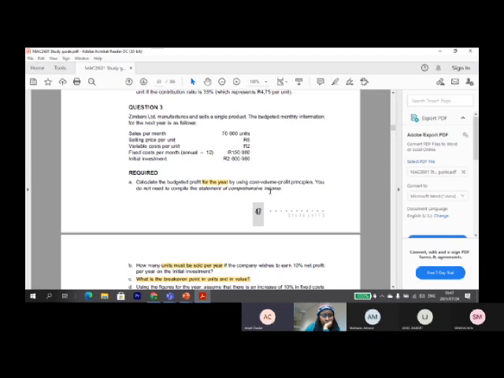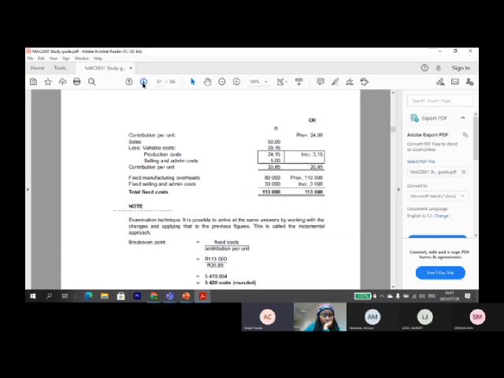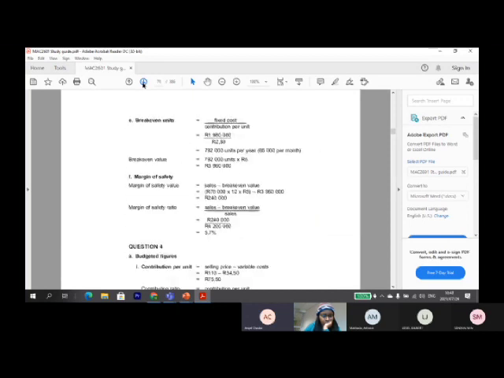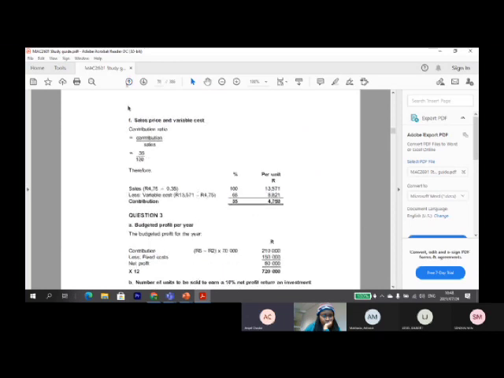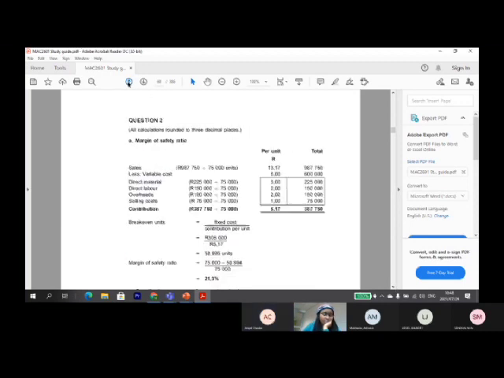And then I got my net profit of 60,000 per month, which when you need the annual one, you're going to say 60 times 12 months to get the amount per annum, which is 720. Perfect. So straightforward, right? Very straightforward.